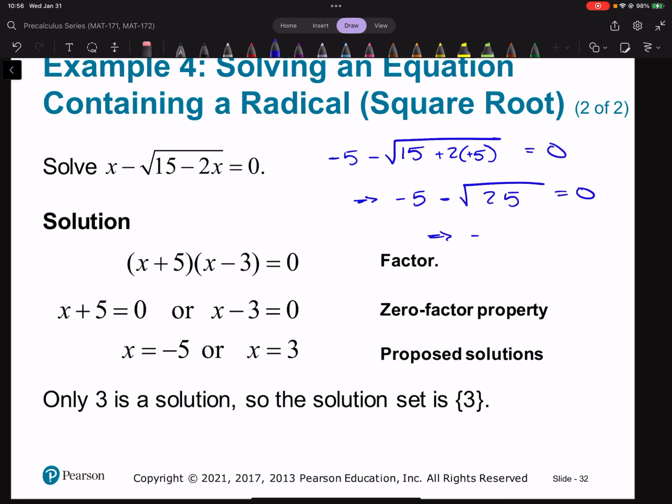Now this is -5 minus 5 equals 0. And that's not true because we end up with -10 equals 0, and that's not a true statement. That's why we exclude -5. It's not a domain issue. At first I thought it was a domain issue, but that's not what they're getting at here. So we actually need to plug both of these in to confirm that we get a true statement. That's the purpose of this particular challenge.